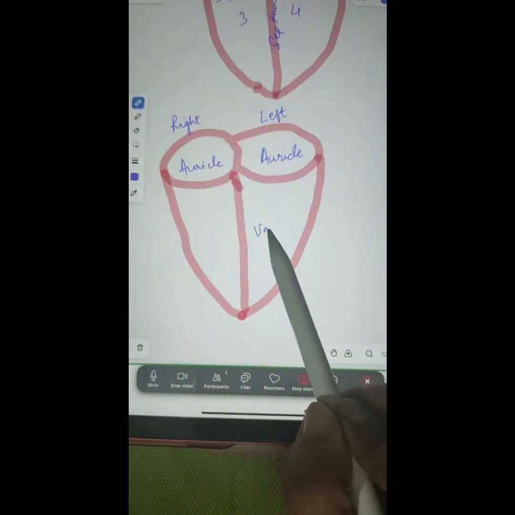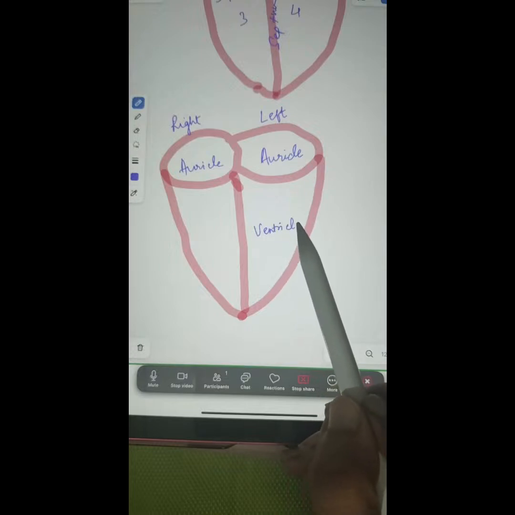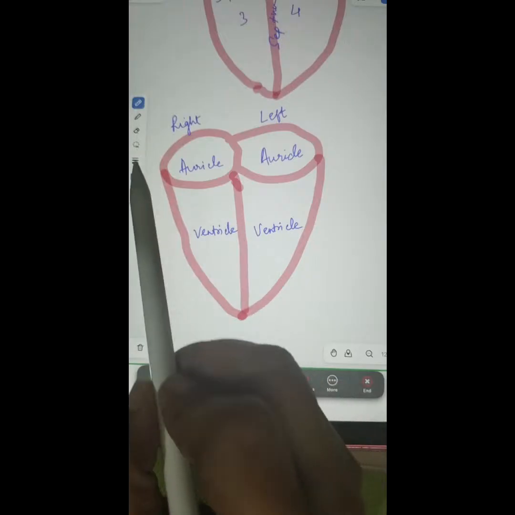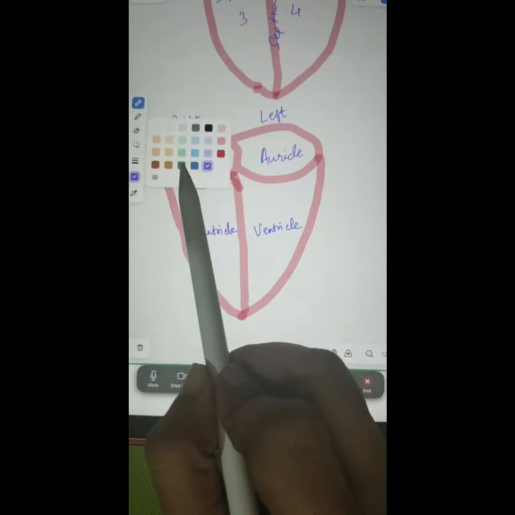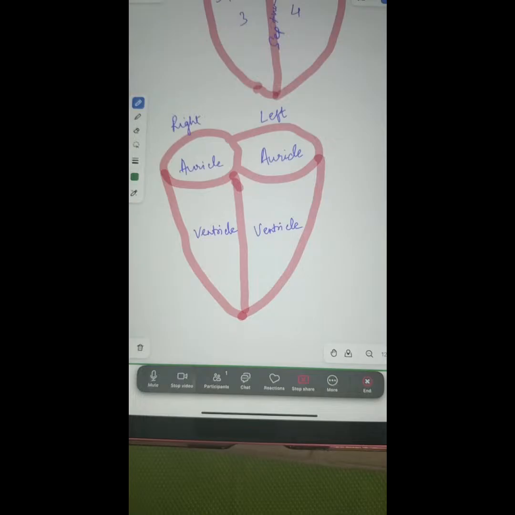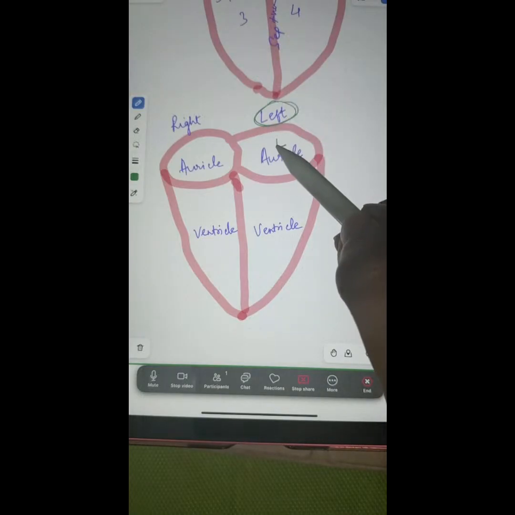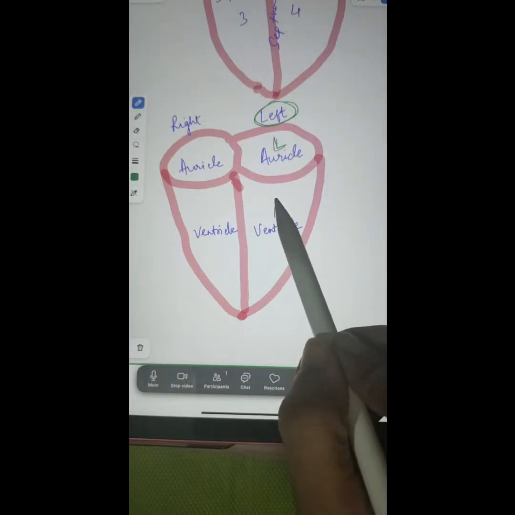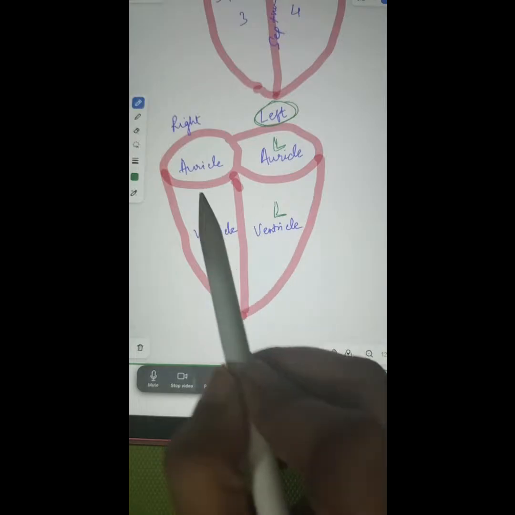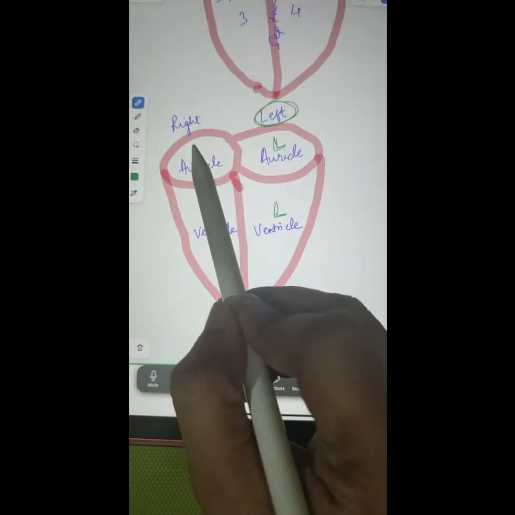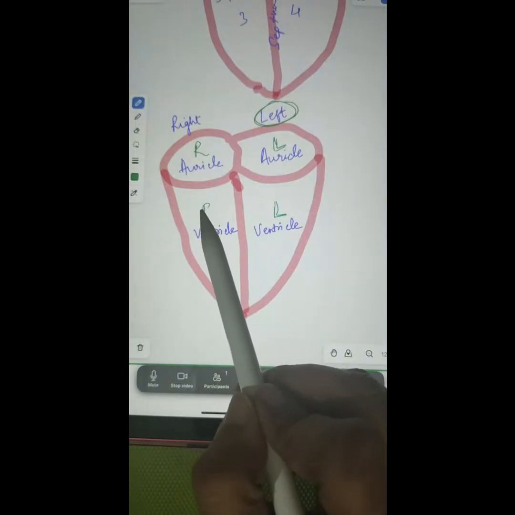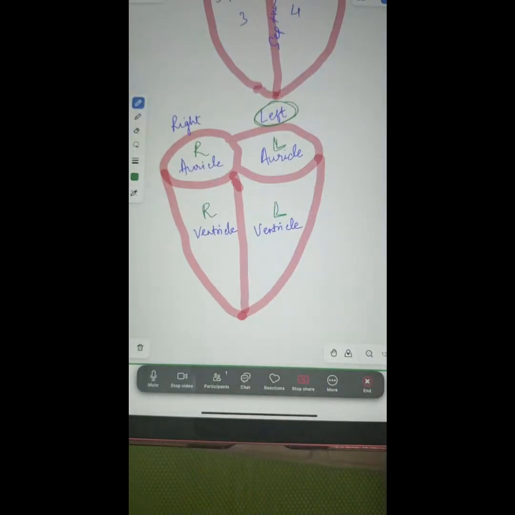Each auricle leads into a ventricle. So we have seen that on the upper side we have auricles and they are leading into ventricles. As this side is the left side, this is going to be the left auricle. This is going to be the left ventricle. This side is the right side, so this is going to be the right auricle. And this is going to be the right ventricle.